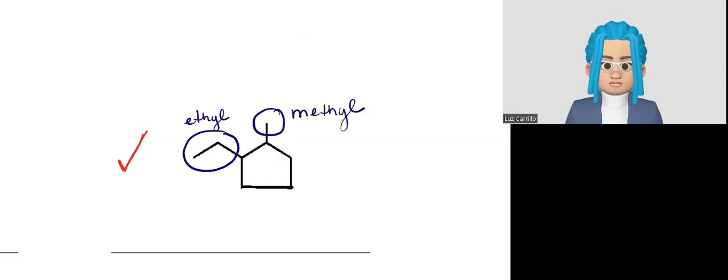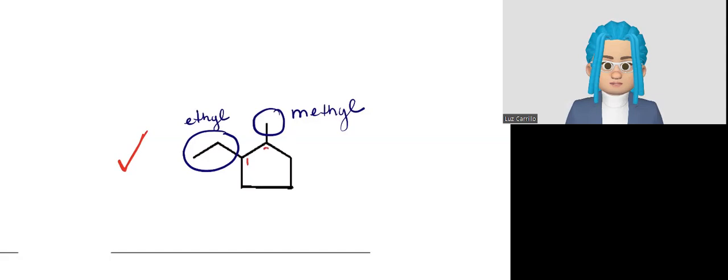When we have 2 substituents in a cyclic alkane, the carbon that is holding the substituent that comes alphabetically first gets a number 1. So this is going to be number 1. Then we're going to number the rest of the substituents in the ring system such that they have the lowest number. So in this case, we have to go clockwise.